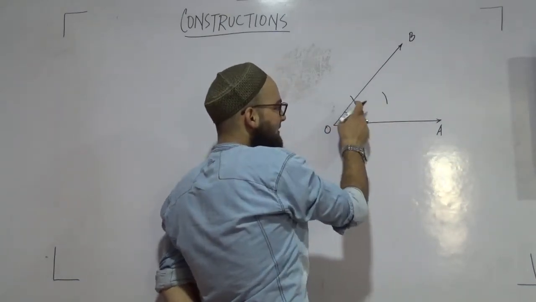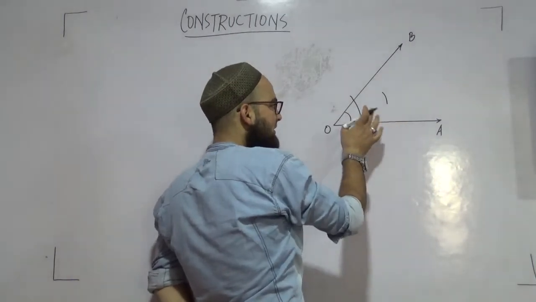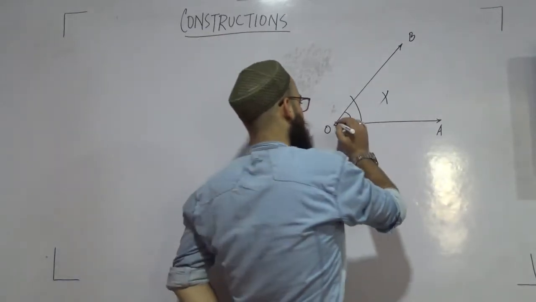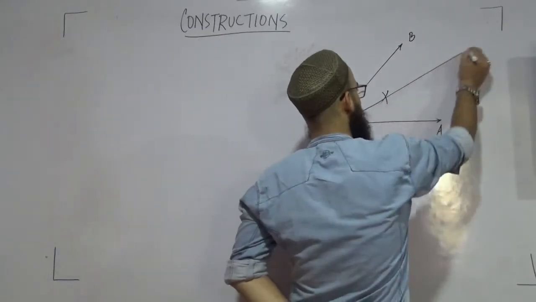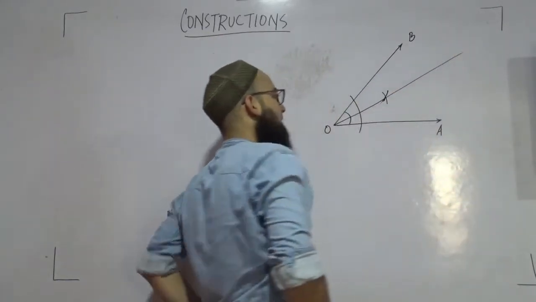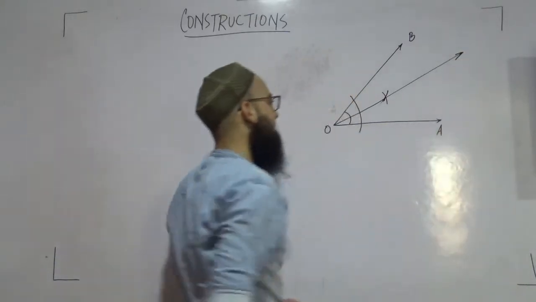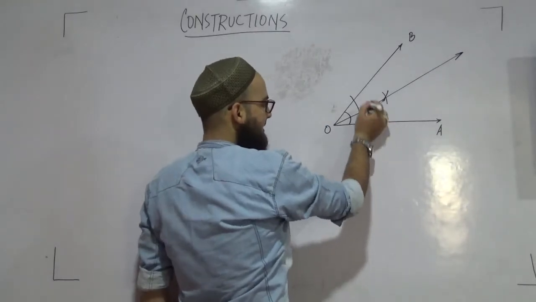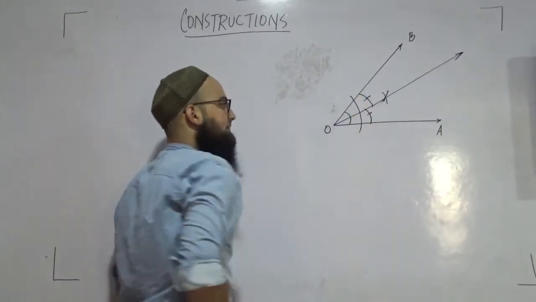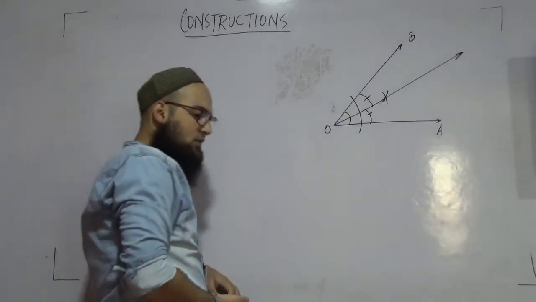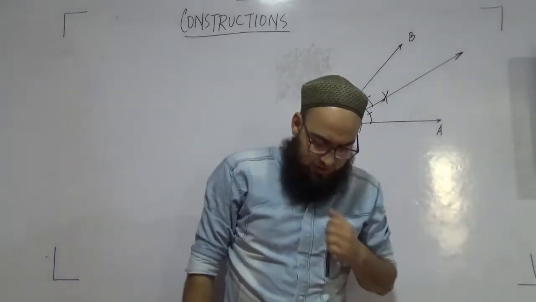With this as center, same radius, draw another arc intersecting the previous arc. Then join O and this point, and this will give you the angle bisector of this angle AOB. Hence, this angle is equal to this angle. This is an angle bisector. So this was construction 11.1.